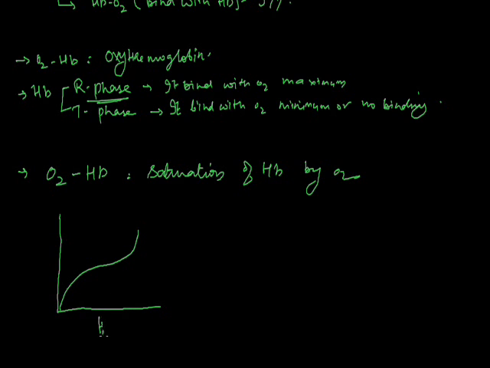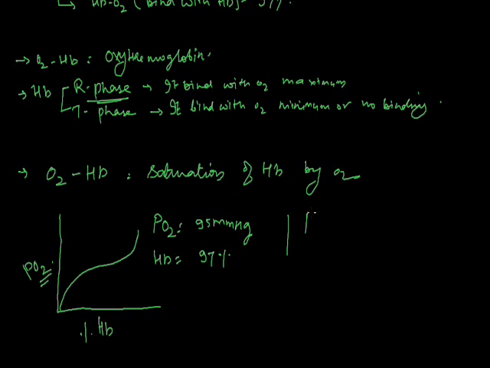Here is the percentage of saturation of hemoglobin, and here is the P oxygen. It means we know when the oxygen has 95 mmHg of pressure, the hemoglobin which binds with oxygen will be 97% saturated.